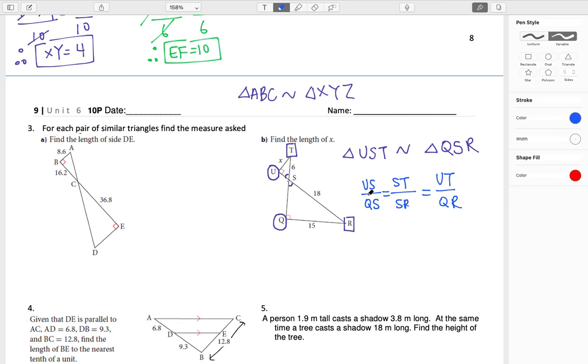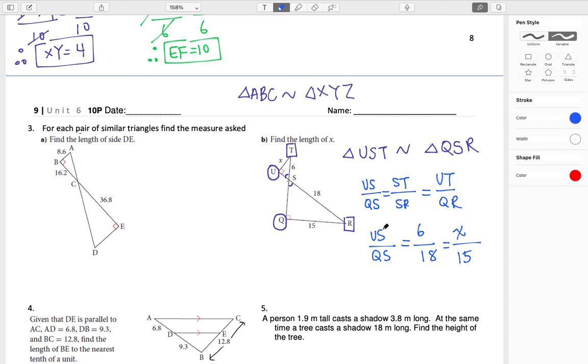It looks like we don't know what US is, it's blank, and we don't know what QS is either. It's also blank. And then ST over here is 6, SR over here is 18, UT is what we're looking for, so X, and QR is 15.